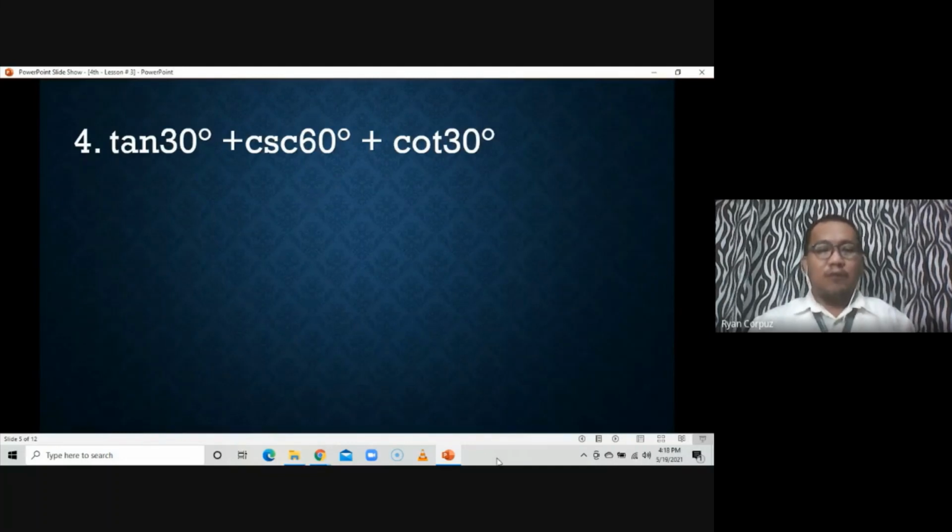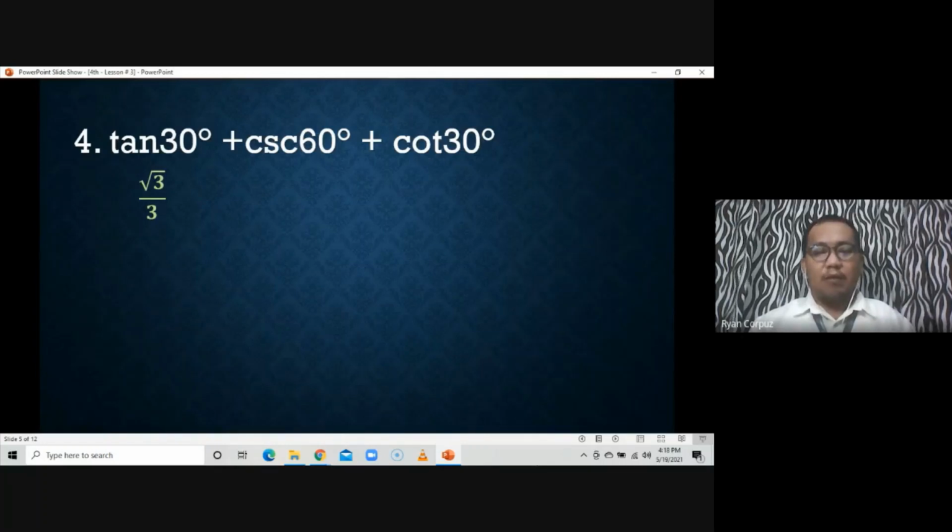So, pwede mo magamit yung table of trigonometric ratios on special angles. So, hanapin yung value ng tangent 30 degrees. Ang value niya, when you look at the table, is equal to square root of 3 over 2. How about the value of cosecant 60 degrees?